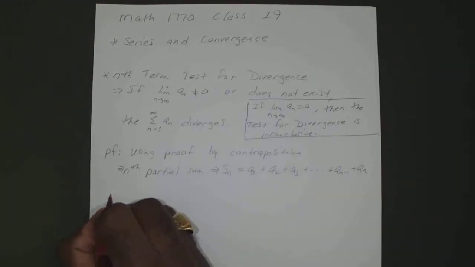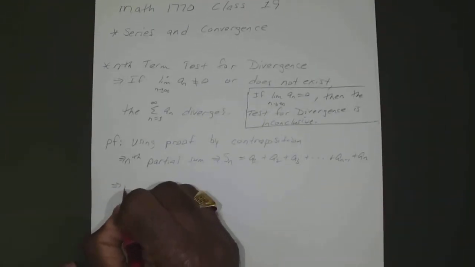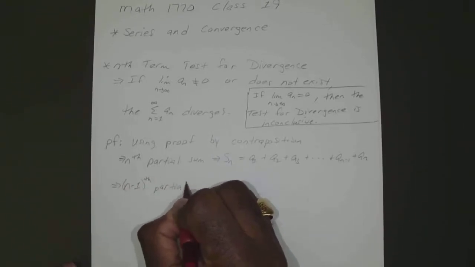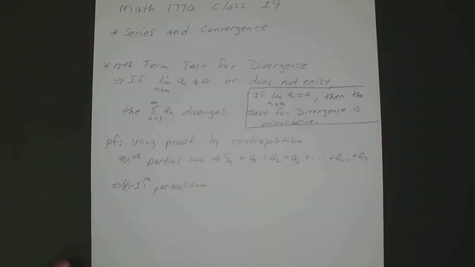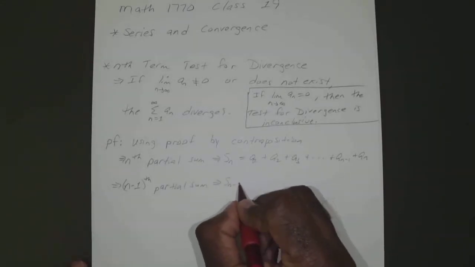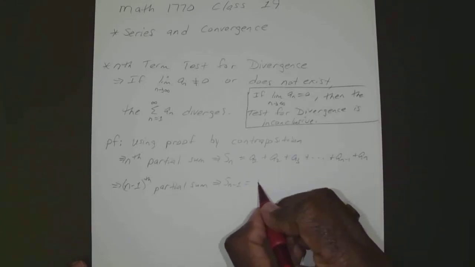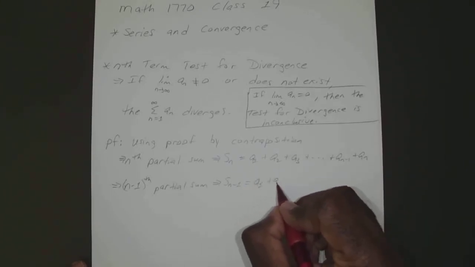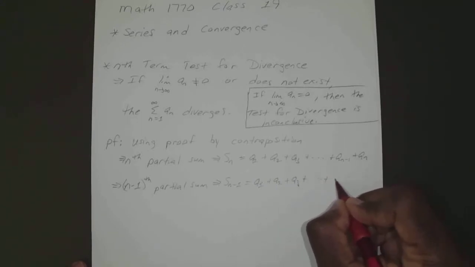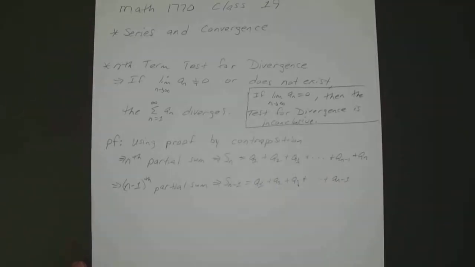Now what if we have our n minus 1 partial sum? Really, that's the same thing. You just stop at n minus 1, which is the first term plus the second term plus the third term, all the way to some n minus 1.